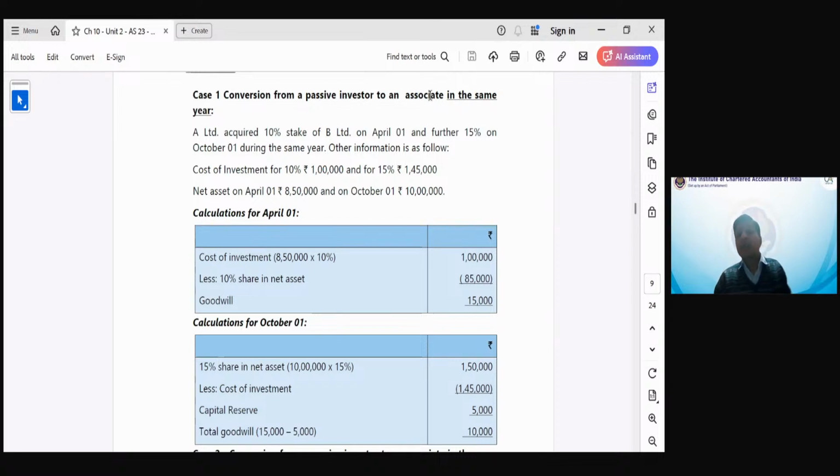Tell me quickly. No. So that's why you don't do this, because your cost of investment will remain same. That will not change. The only thing is that against this cost, you are getting something more. And that is why you call that as capital reserve. Understood? Okay.